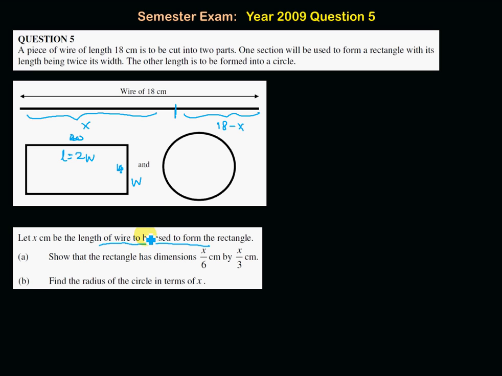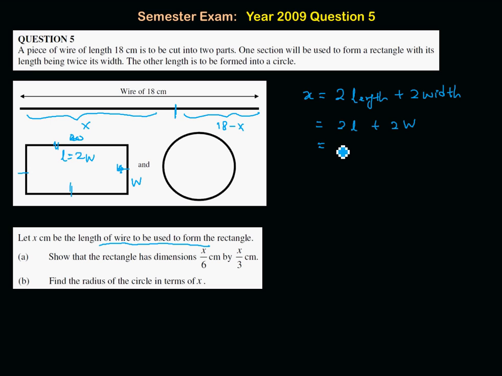The length of wire used to form the rectangle is x, so x is going to be 2 times the length plus 2 times the width, because two sides have the same width and two sides have the same length. We write 2L plus 2W.